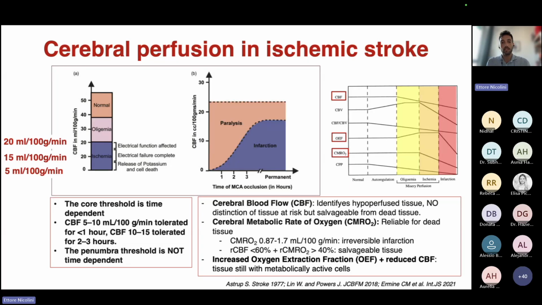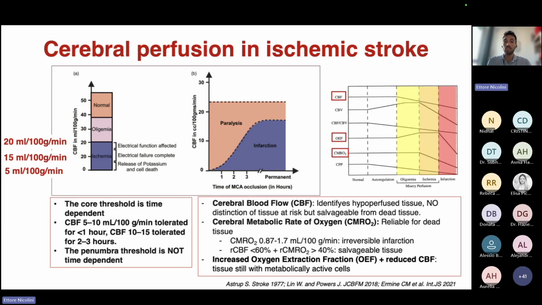We know that during the reduction of the cerebral blood flow begins also the reduction of cerebral metabolic rate of oxygen, and that below 0.8, 1.7 milliliter per 100 gram per minute of CMRO₂, there is irreversible infarction.